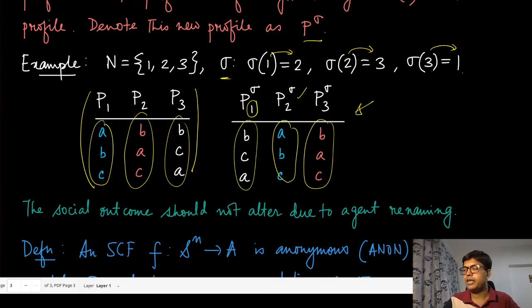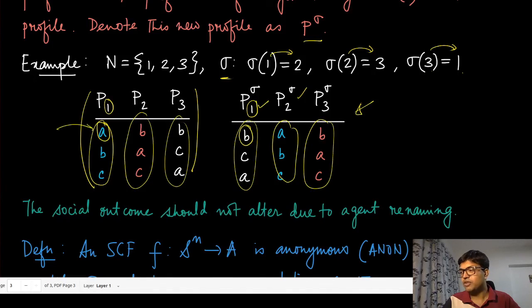If you alter these players using a permutation, then the new player 1 has a topmost alternative of B, while in the original game the topmost alternative of player 1 was A.